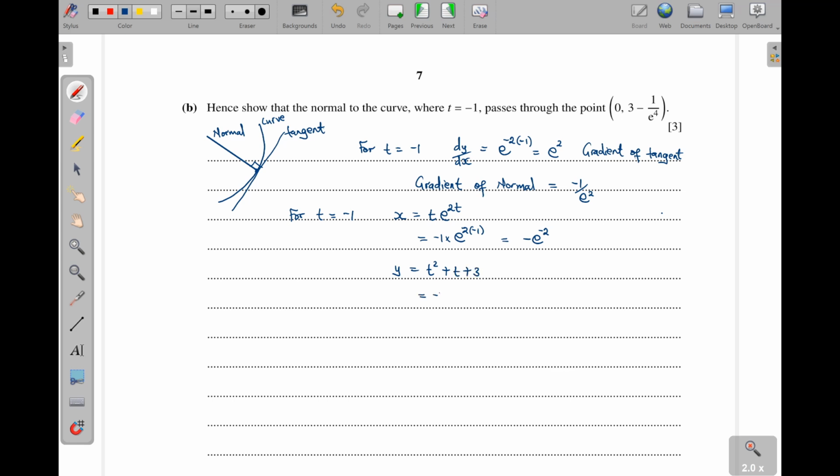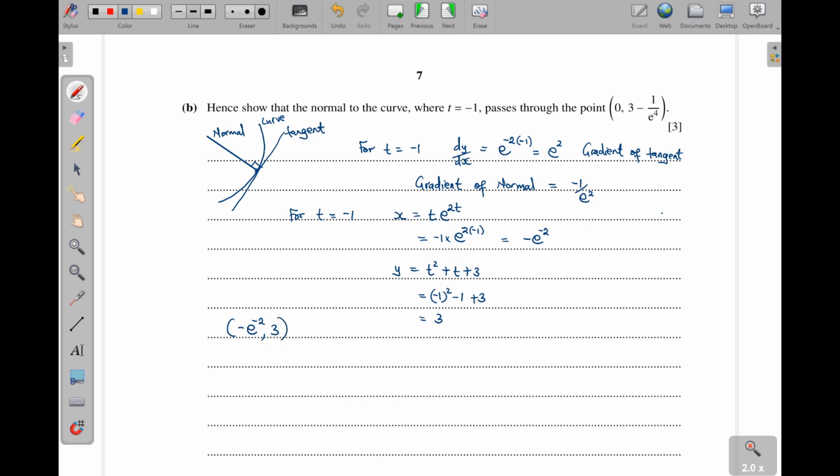So we shall put here negative 1, we square it, that is a positive 1, then minus 1, that one disappears, then plus 3, and this gives us 3, meaning the point we have is negative e to the power of negative 2, 3.